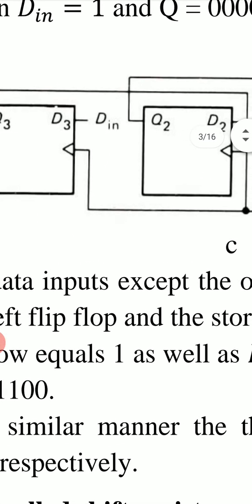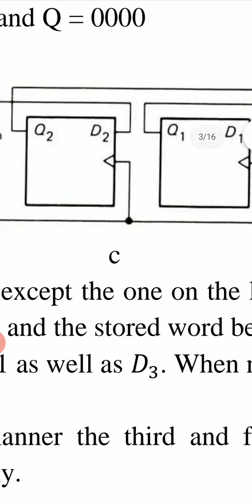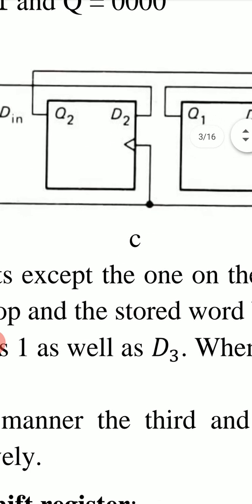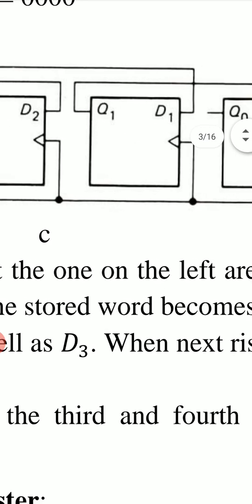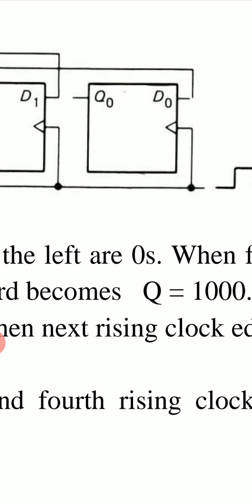Now Q3 is 1. This Q3 goes to the input of this preceding D flip-flop. Now D2 is equal to Q3. So D2 is 1 and Q2 will become equal to D2 when the next positive clock edge arrives. So at the next positive clock edge, Q2 also becomes 1, and at the next positive clock edge this Q1 will become 1, and at the next positive clock edge this Q0 will also become 1.